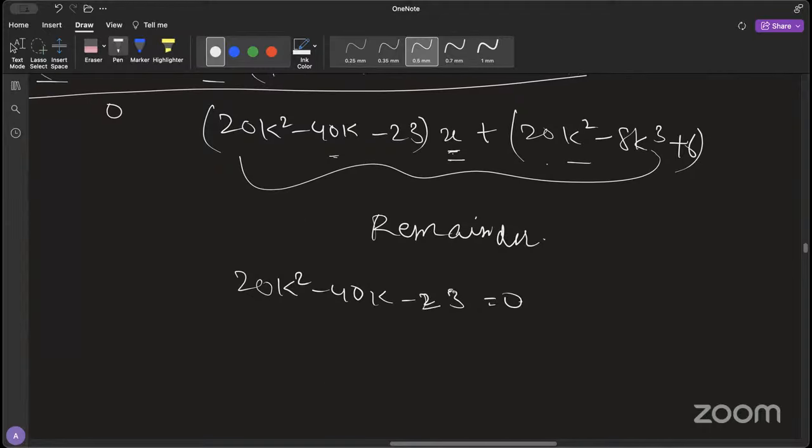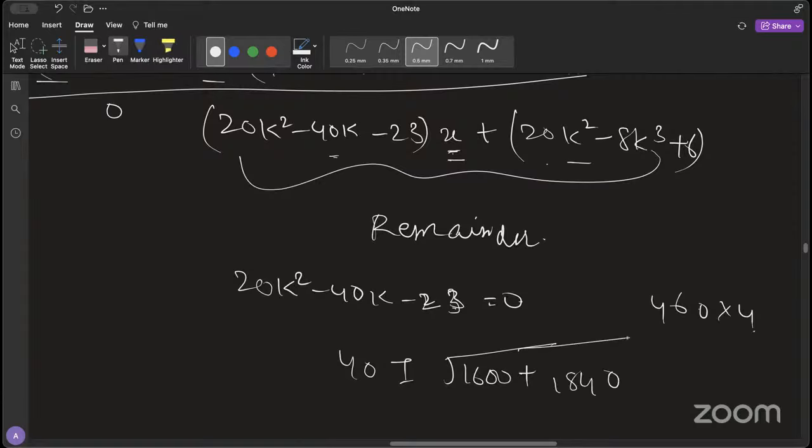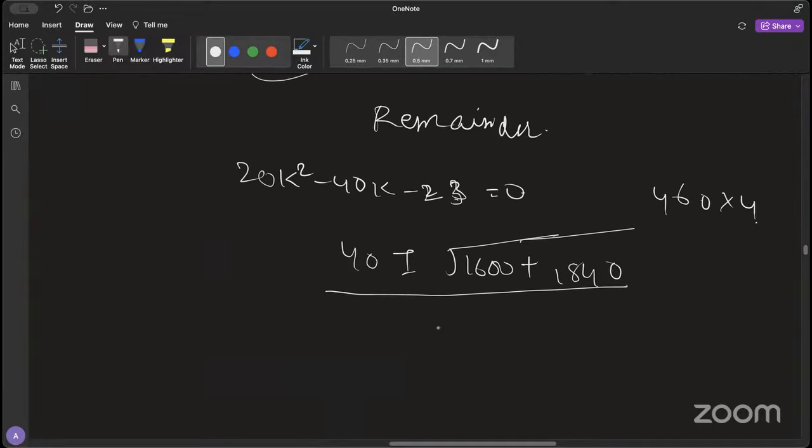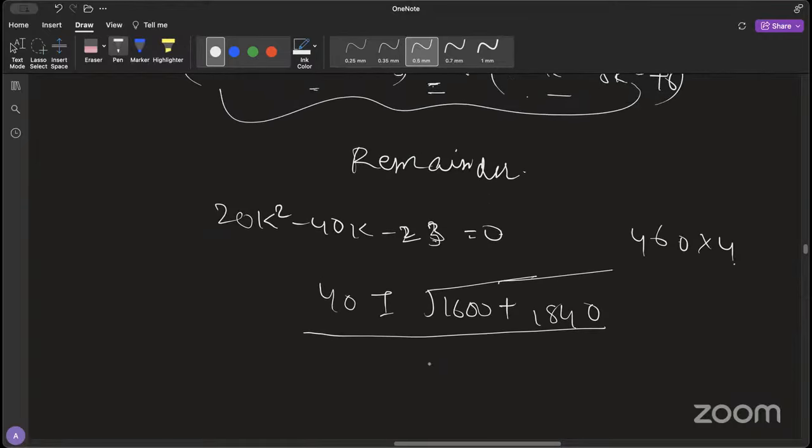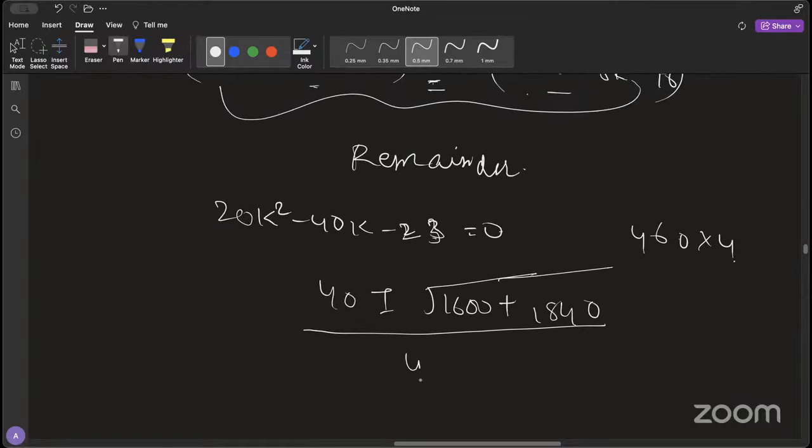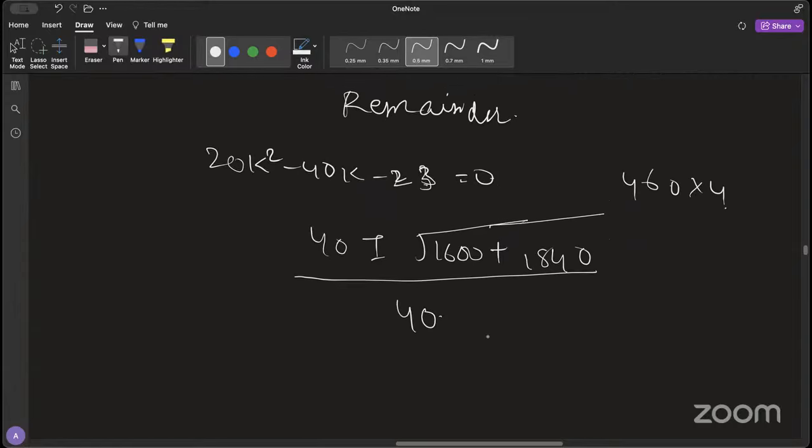What are the roots that we're getting for this? So 60 times 4, and here you will have 40, right?